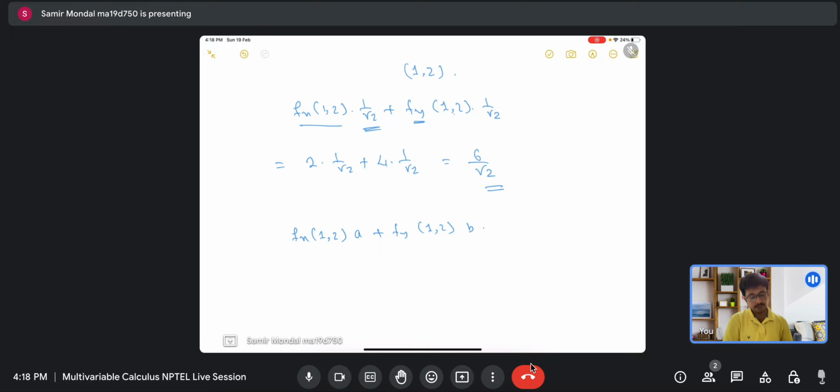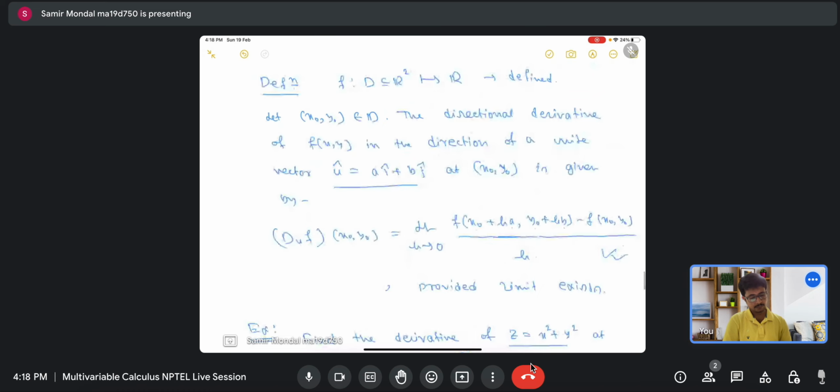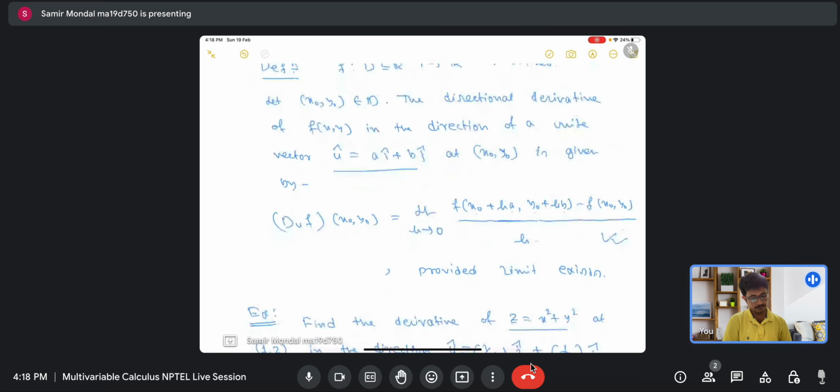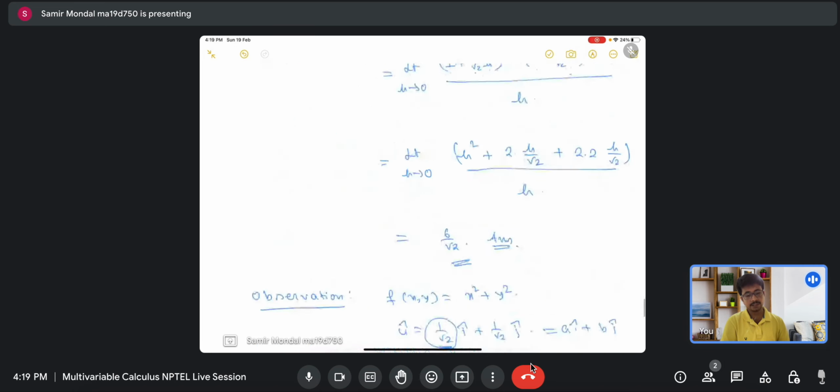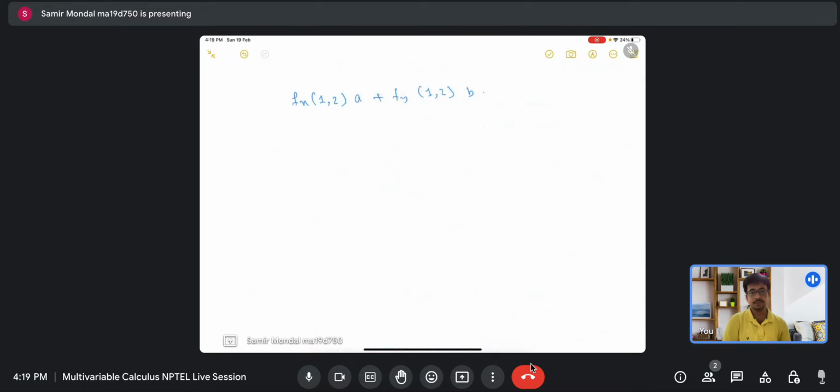So my next question is: can we get some formula, or do you have any other formula except this limiting formula? This is a limiting formula. Sometimes it may be a little bit difficult to calculate this quantity. So can we get any simpler formula to calculate the directional derivative of a function at a given point and in the direction of some unit vector?